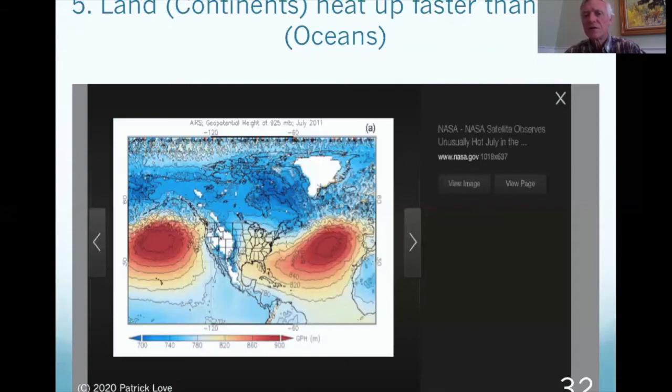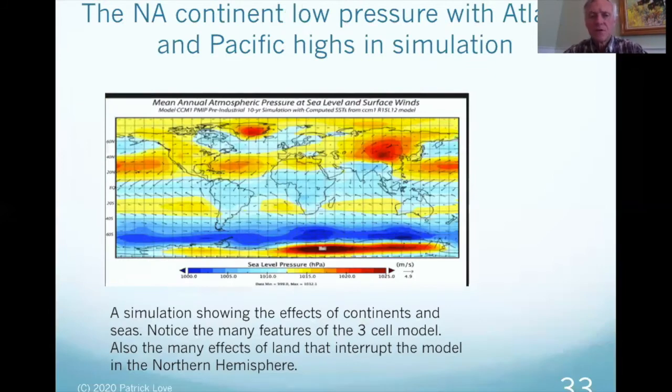This is a summertime measurement with a fairly hot July. Pressure is coded as red, higher pressure is red colored. So you can see the effect there. And this happens and is a variation in the three-cell model.